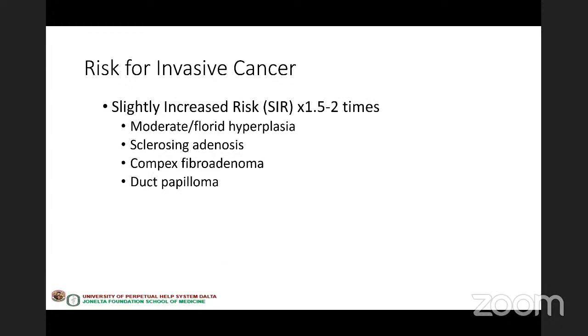A slightly increased risk, which is approximately 1.5 to 2 times, would be your moderate florid hyperplasia, sclerosing adenosis, complex fibroadenoma, and duct papilloma. Of course, moderately increased risk would include your hyperplasias, both ductal and lobular.